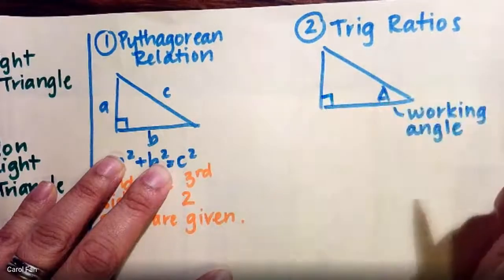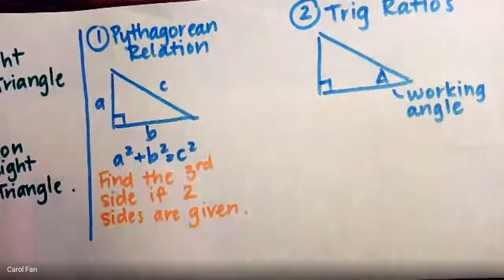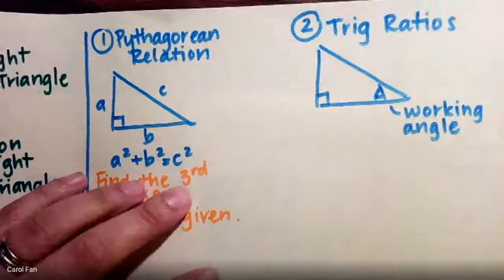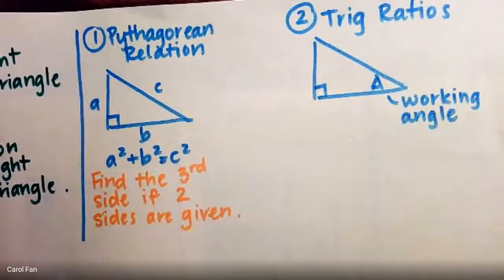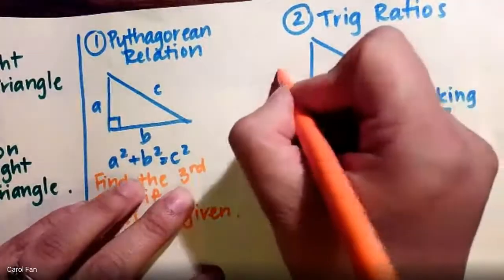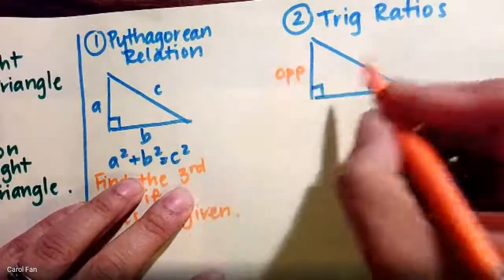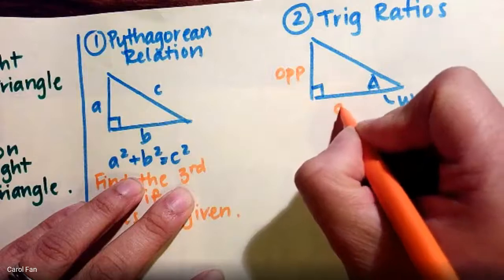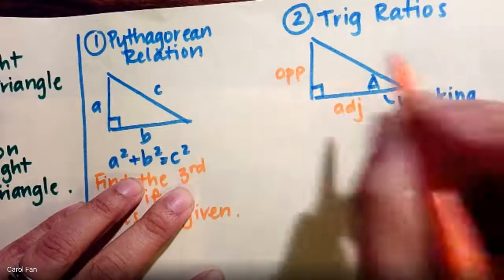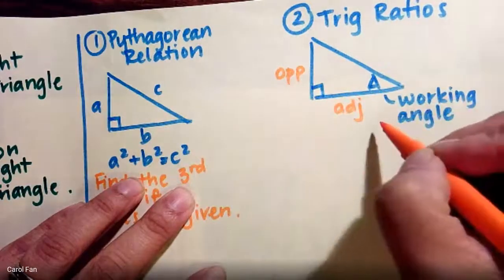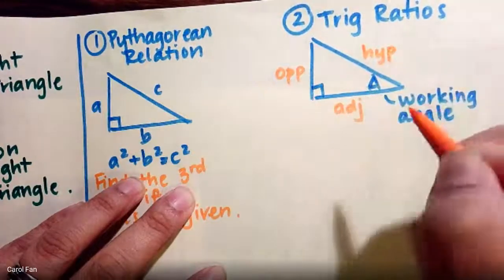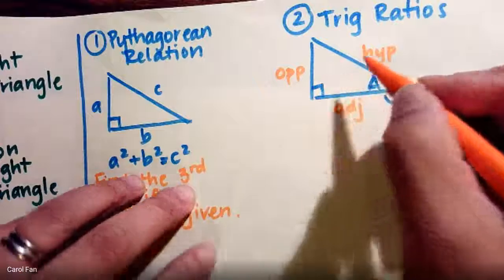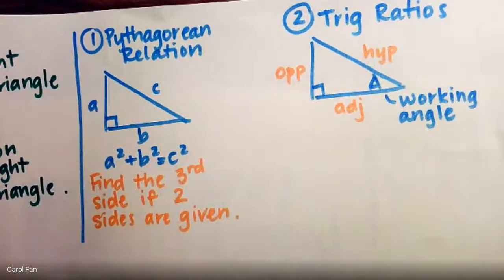We have the right angle. Then we name everything else relative to our working angle. The side across from the working angle is our opposite. The side in between our 90-degree and the working angle is our adjacent. And finally, the hypotenuse is the side across from the 90-degree angle.